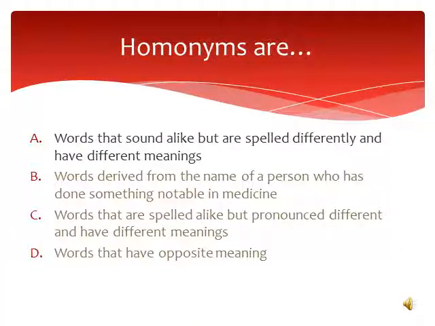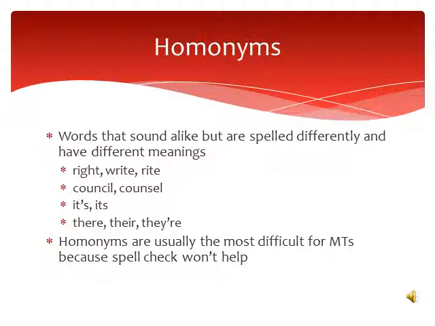Homonyms are words that sound alike but are spelled differently and have different meanings. We have hundreds of these words, and this is what we're going to really concentrate on this week, these homonyms: words that sound alike, are spelled differently, and have different meanings. Some examples: right and write, counsel and council, its and it's, there and their.